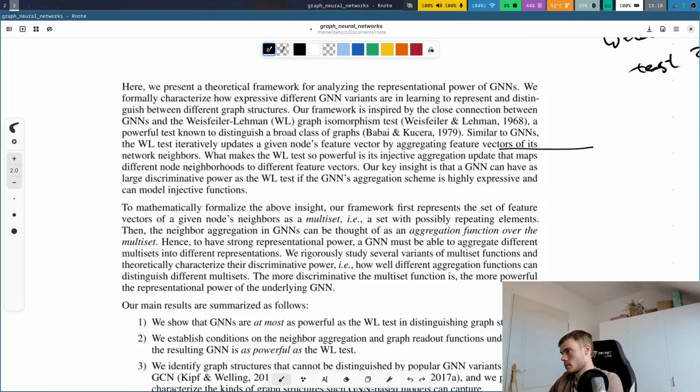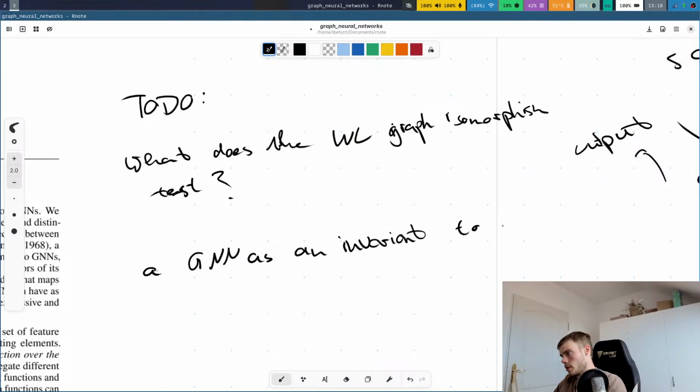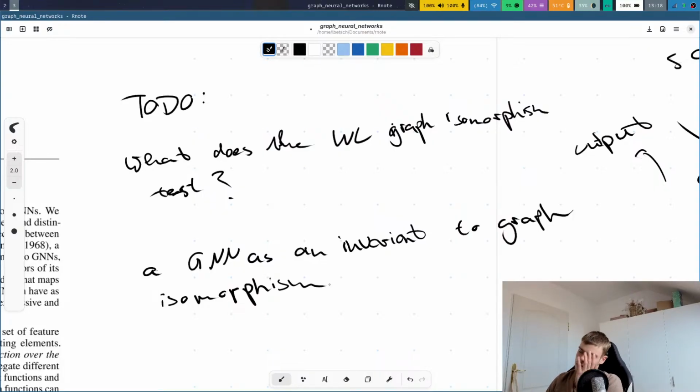So we also have this concept of a GNN as an invariant to graph isomorphism, which is just a way to say this is a function that if two graphs are isomorphic, they will be treated the same.